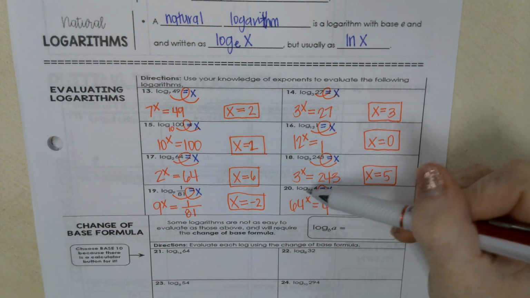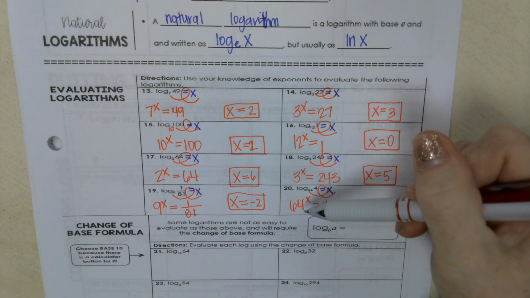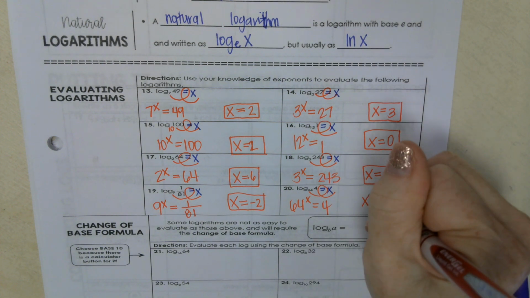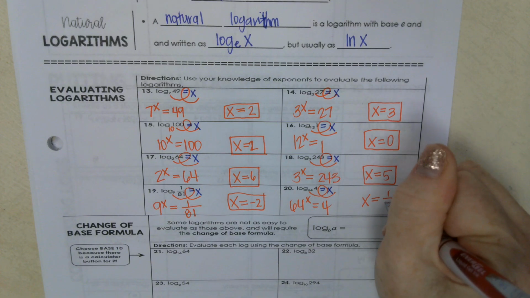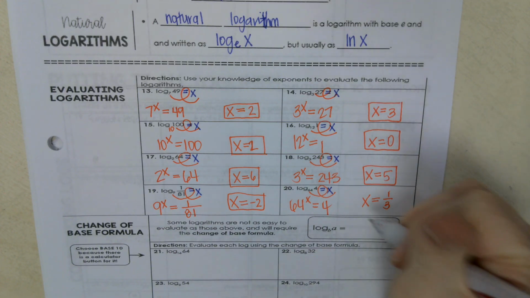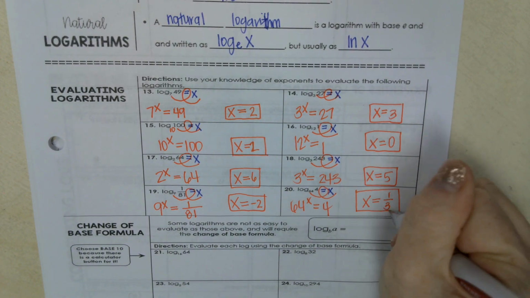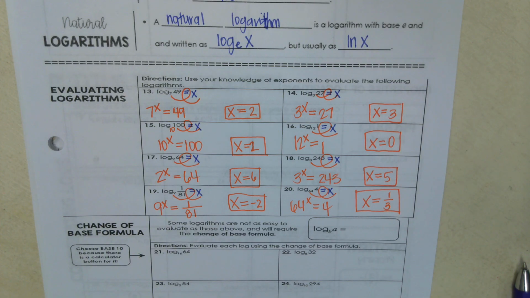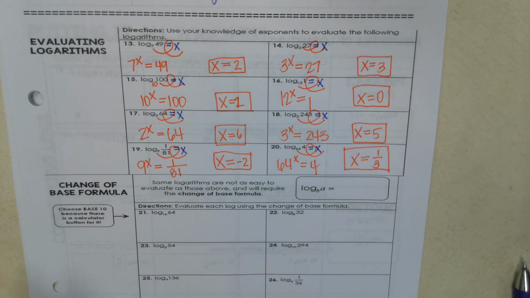Now, if I am going from a bigger number to a smaller number, that gets flipped. So it's 1/3. That means I would be taking the cube root of it. Raising something to the 1/3 power is the same thing as taking the cube root. Okay?